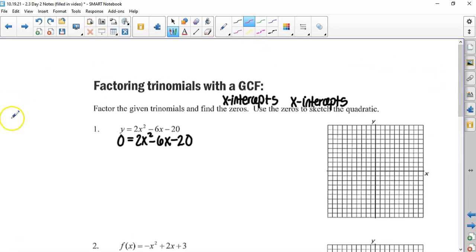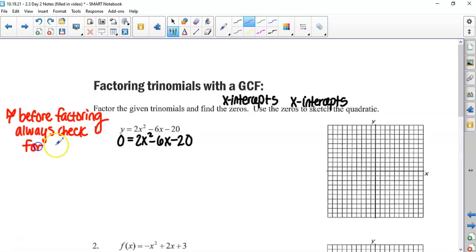So after setting it equal to 0, before factoring, always check for a GCF. Do we have one right here? 2x squared minus 6x minus 20. Yes, we do. We can factor out a 2.